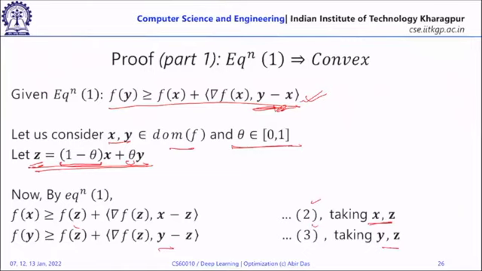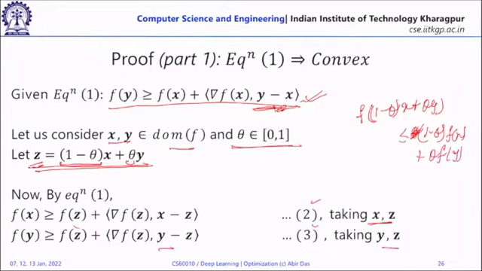Now you can try to guess where I am going, because from the definition, what I have to do is show f of (1 minus theta) x plus theta y needs to be less than or equal to (1 minus theta) f(x) plus theta f(y), right?